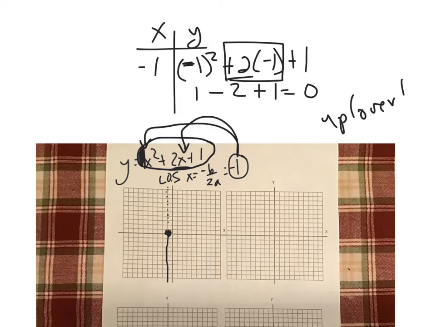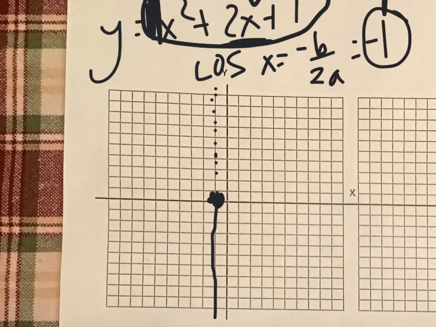So now I just follow the pattern normally. So I'm going to erase this big dot I got here. So there's my vertex, and there's my up 1 over 1, and then I'm going to go up 4 over 2. So back to my vertex, 1, 2, 3, 4 over 2 would be here and here. So there's my vertex. All right.